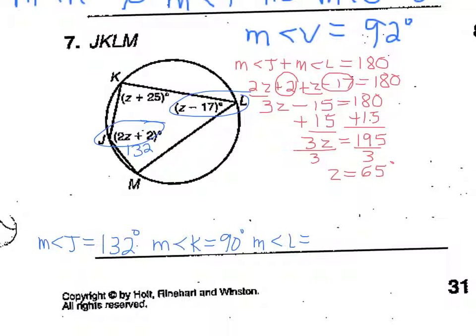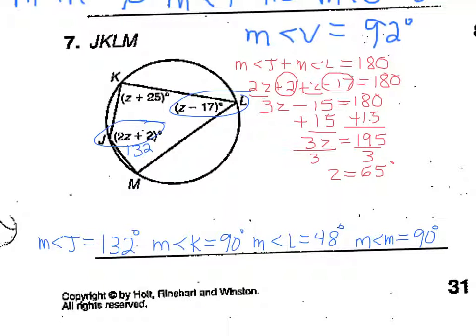So the supplement should be 48, right? Right, J and L are supplementary. So what about the measurement of angle M, Abdiel? That is 90. You're absolutely right. Questions about 7? No, okay.